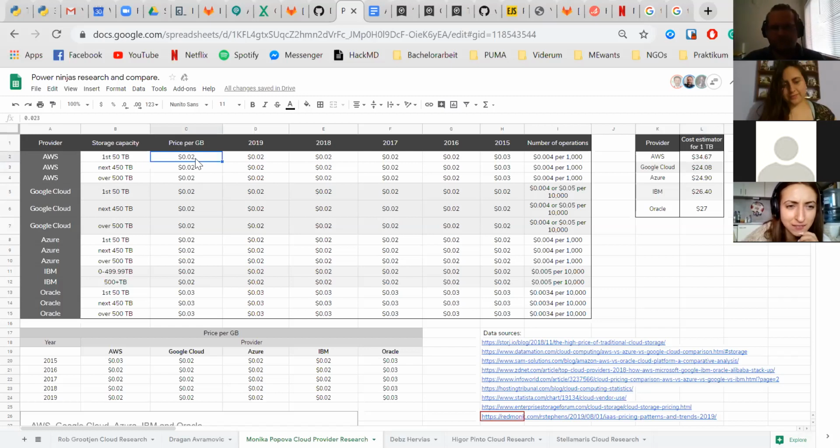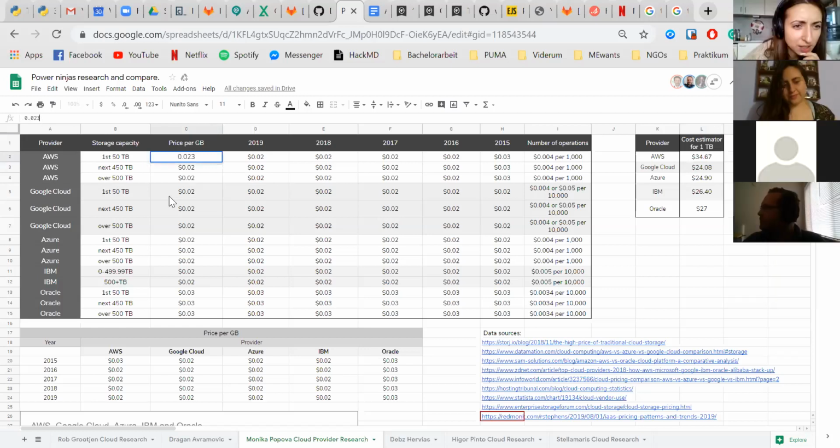So how do those prices end up so different on the right? It's 0.023, and here, okay. So we need another decimal place. That column needs another decimal place.